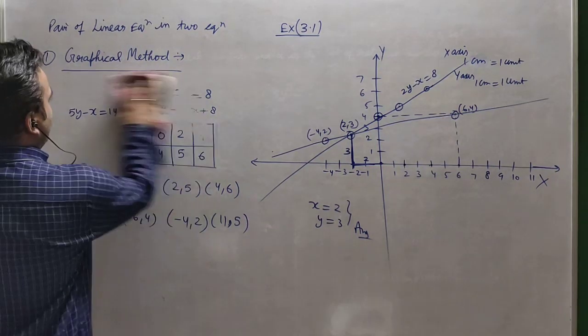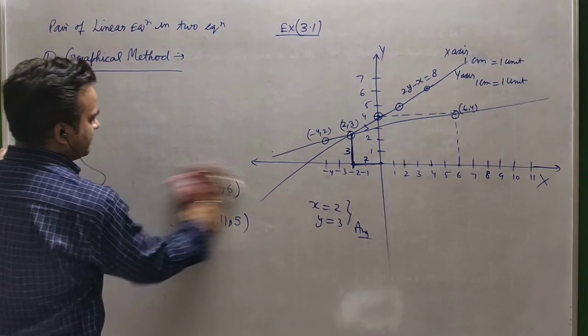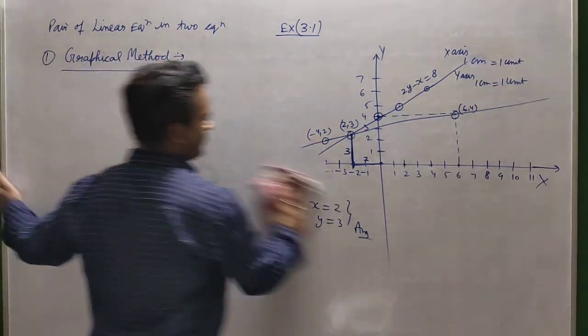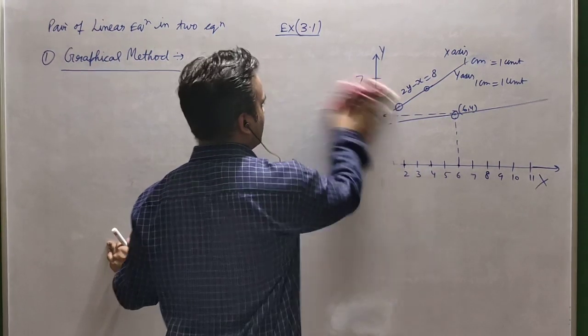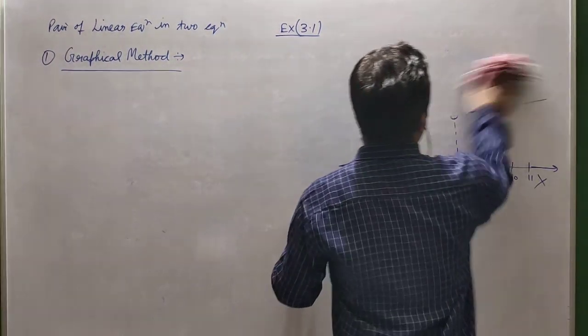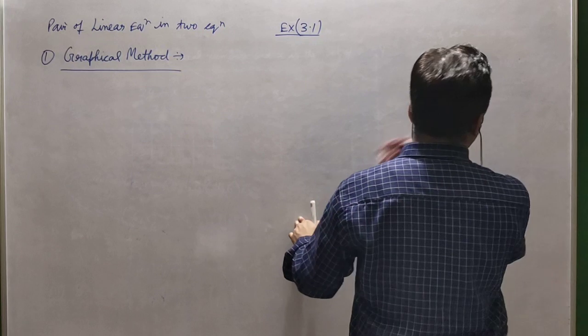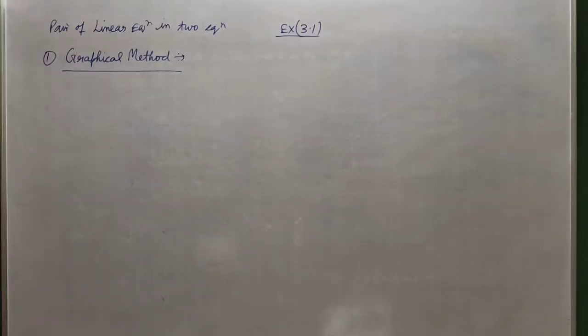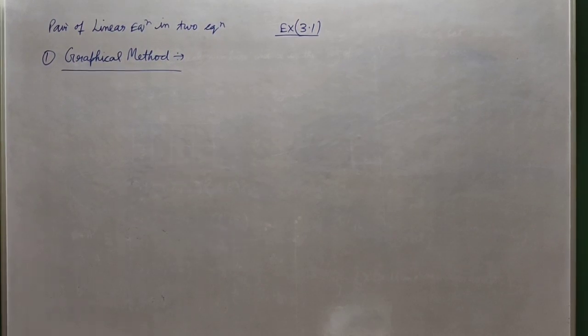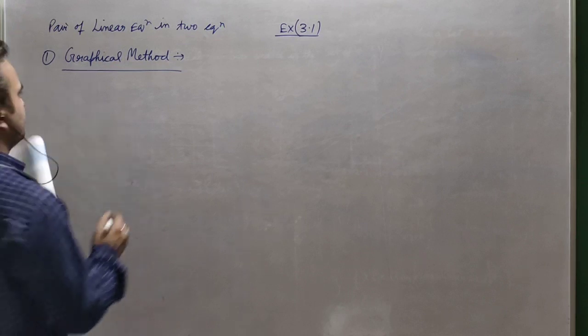So exercise 3.1, which we will talk about in this video: we will discuss some word problems where you have to construct the equations and then represent them in a graph, right? So there is question number 1, exercise 3.1, Aftab.